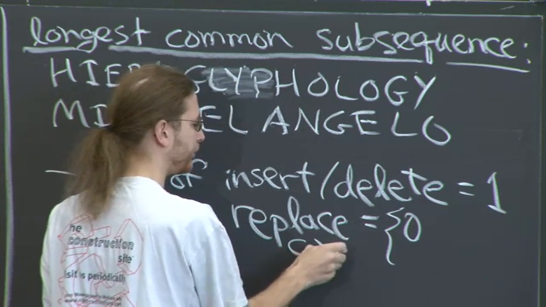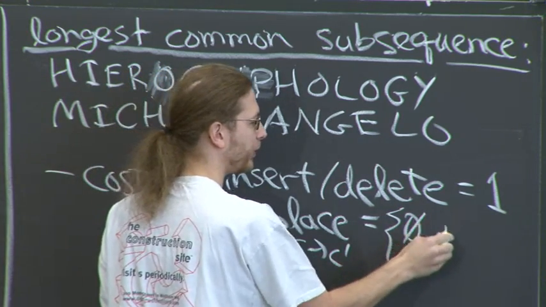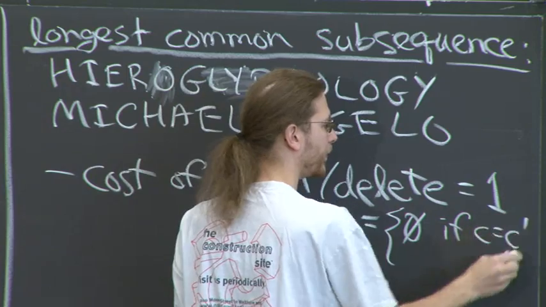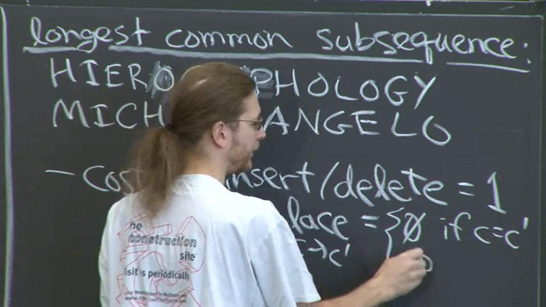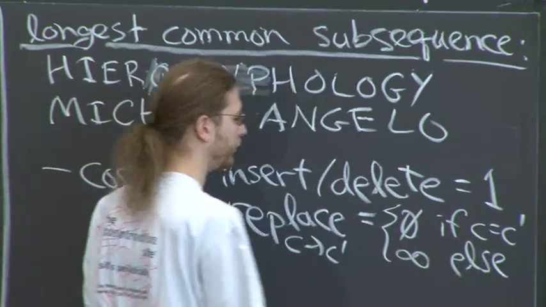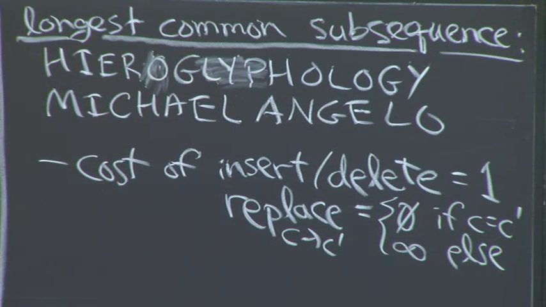So this is a C to C prime replacement. It's going to be 0 if C equals C prime, and I guess infinity otherwise. Just don't consider it in that situation. Okay, anyone find the longest common subsequence here? It's an English word. That's the hint.